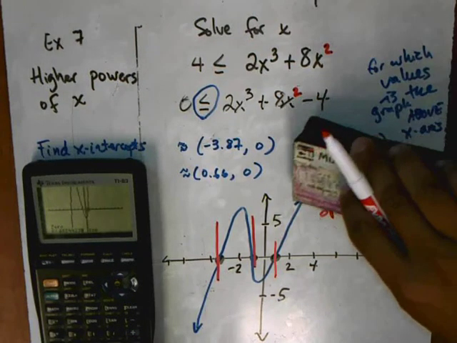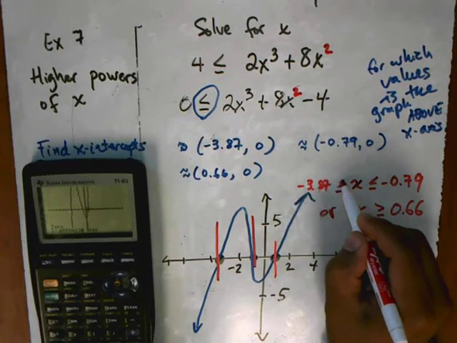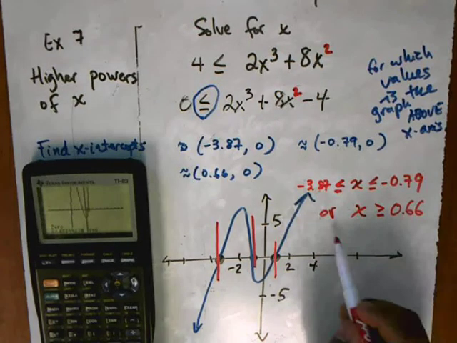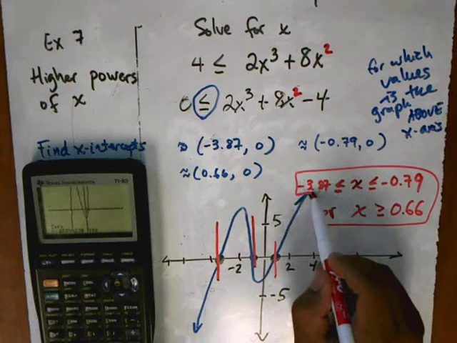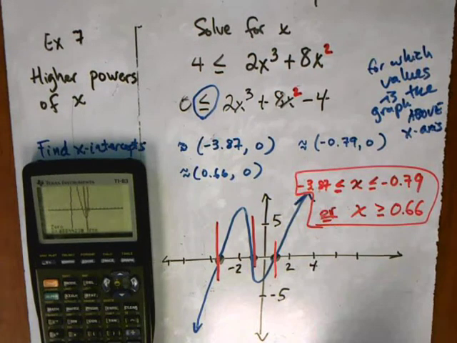So let me write this neater here. I don't like sloppy math. So negative 3.87, and that entire statement there is my answer.